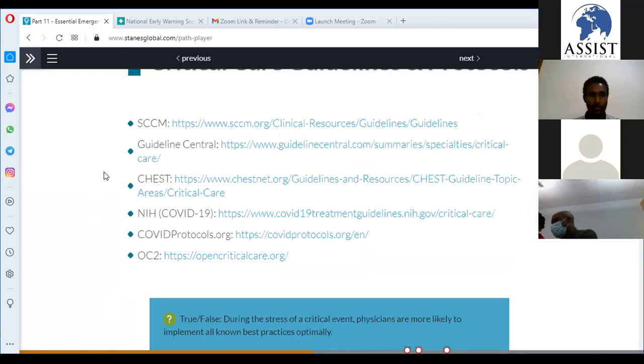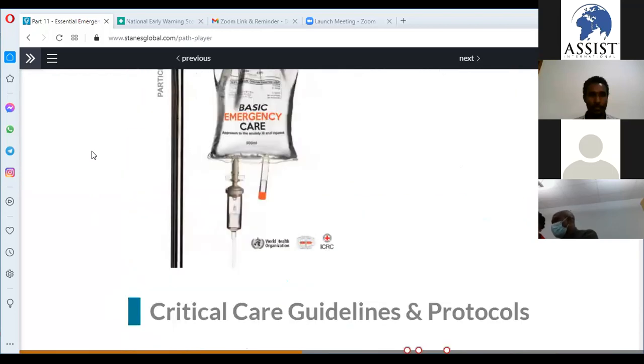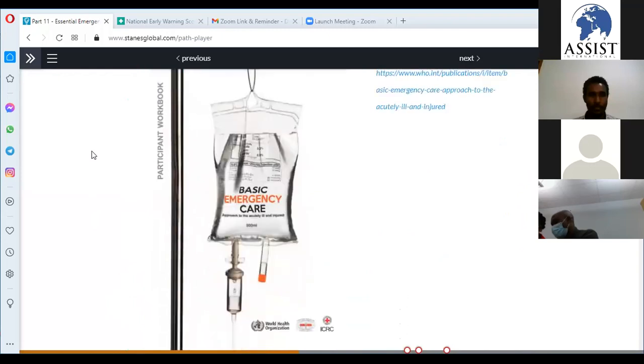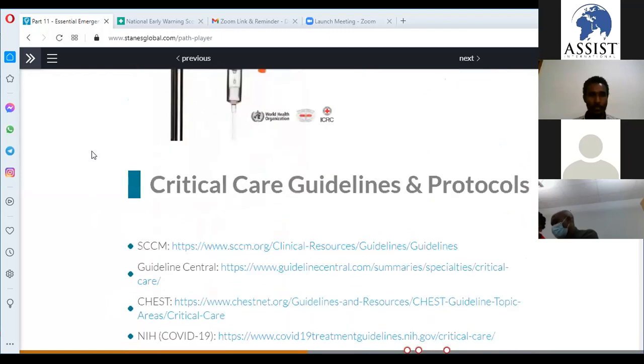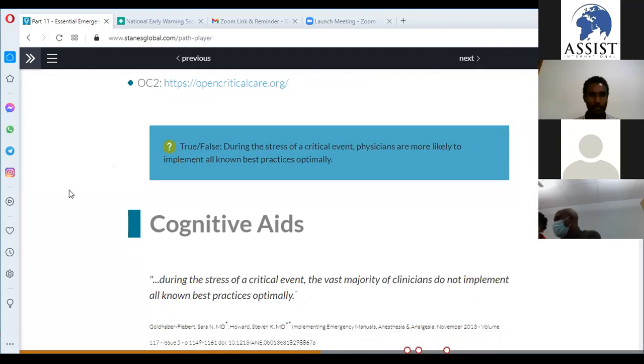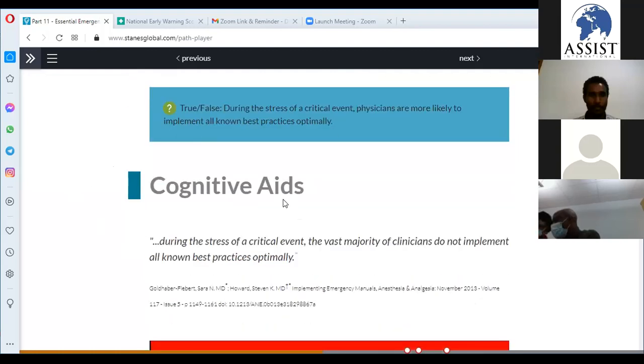Even a trained individual, those who take training, those who are reading different protocols and different guidelines, sometimes might not be able to routinely apply their knowledge, especially in the time of stress during a critical event. So the use of cognitive aids is a solution for such problems.